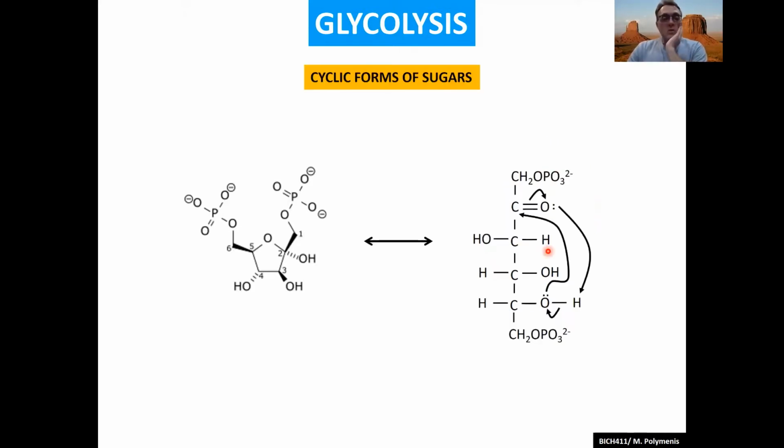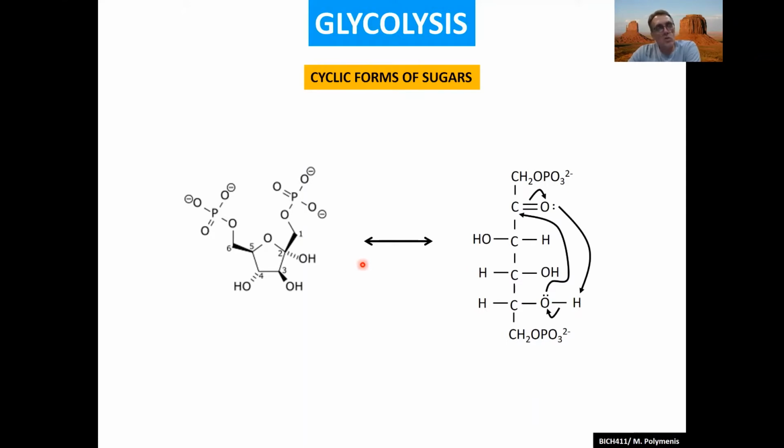And I should say now, we have described how sugars exist in the cyclic forms, the closed forms, and the open forms. Actually, the vast majority for any one of them, let's say in this case, fructose 1,6-bisphosphate, is the closed form, but there is always some that's in the open form, so there is an equilibrium.